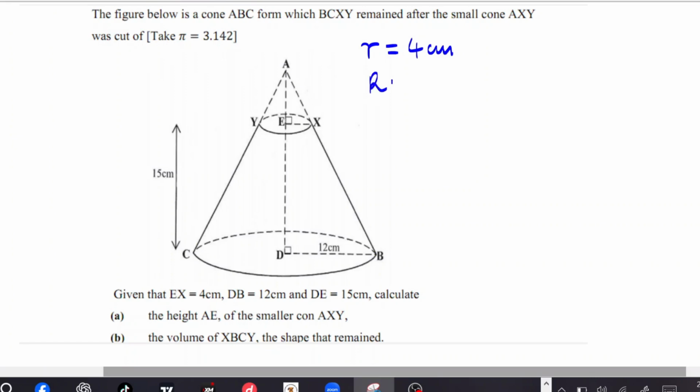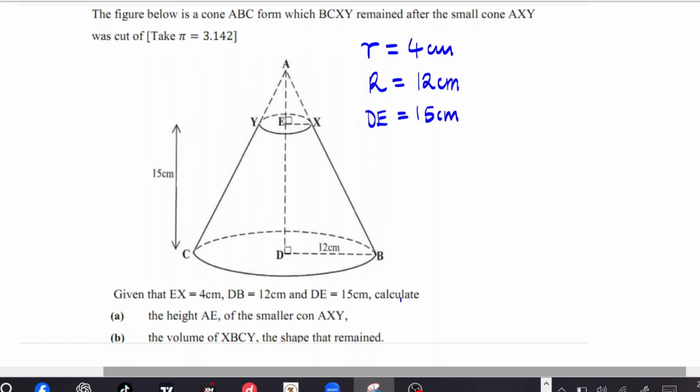So you write r as 12 centimeters. Then we have DE, 15 centimeters. DE is the parallel height between the bases of these two cones. So we have height, in short, which is DE, which they are saying is 15 centimeters.